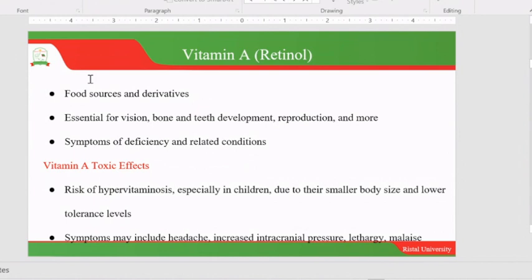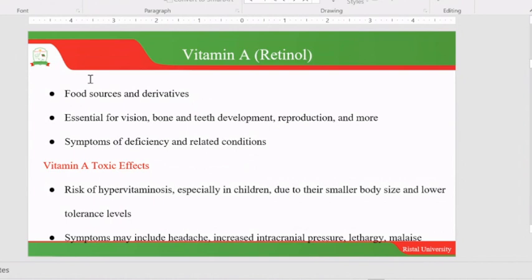So for the toxic effects of vitamin A, we are looking at a risk of hypervitaminosis, especially in children. And that's why, if vitamin A is being given to children, I'm forgetting how much it is supposed to be, but it is supposed to be carefully monitored due to their smaller body size and also their lower tolerance levels.